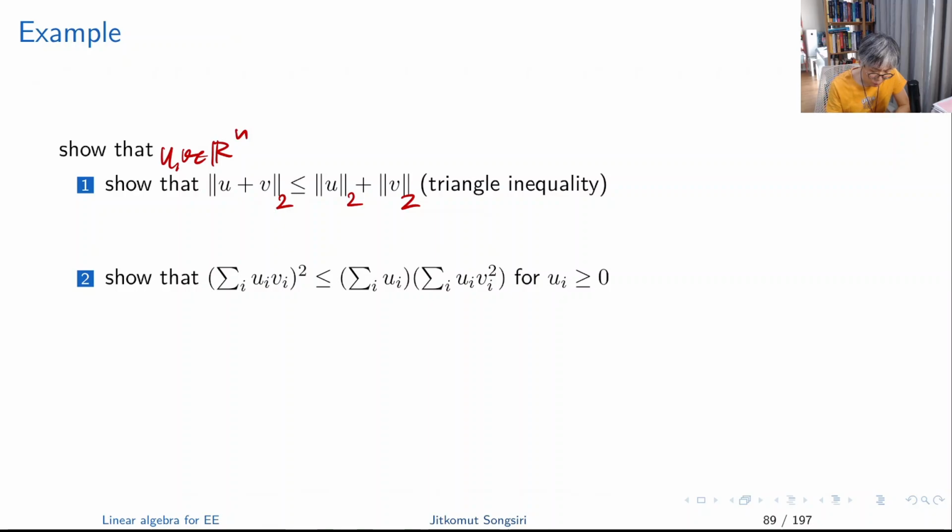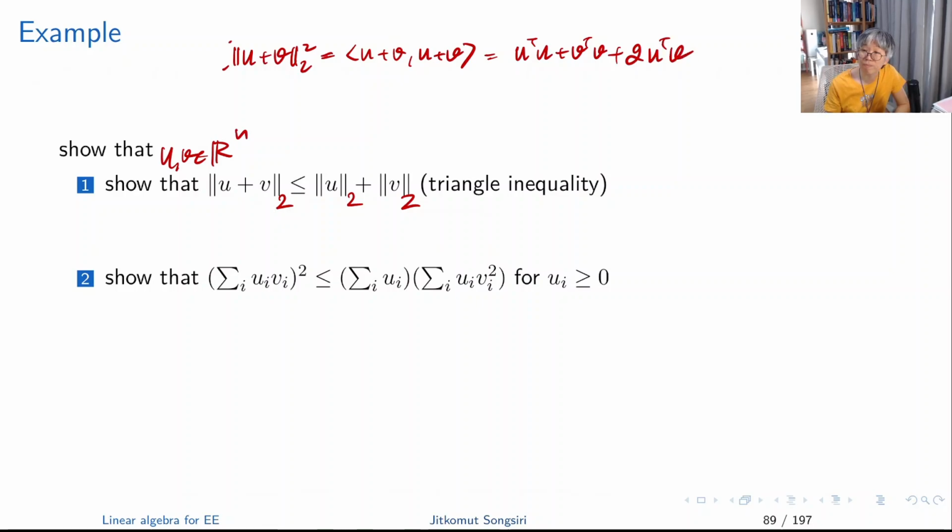So we can start with the square, okay, with the square thing. Because the norm square is the inner product between u plus v and itself, you're going to get u transpose u plus v transpose v plus 2 times u transpose v.